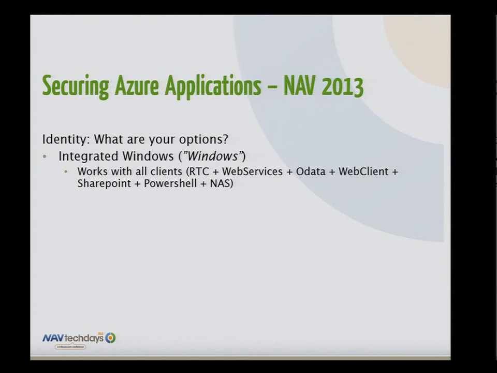And it supports all clients: RTC, web services, OData, web client, SharePoint, PowerShell, NAS, and background sessions. Everything is supported by Windows. And that's kind of the typical scenario when running on-prem.